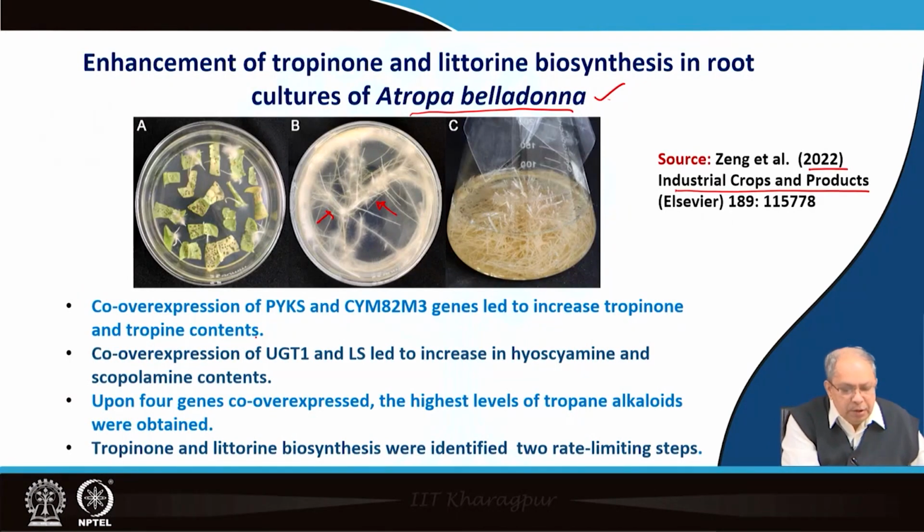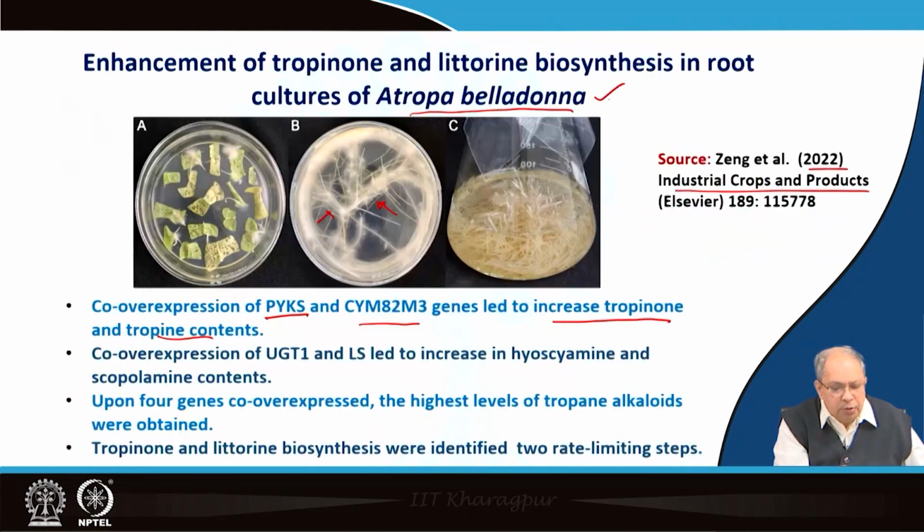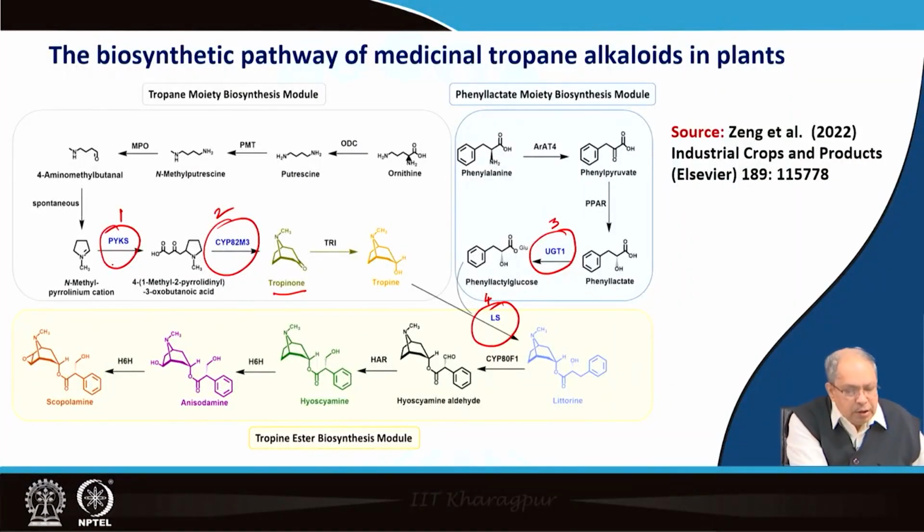Co-overexpression of PYKS, the polyketide synthase, and cytochrome P450 genes led to increased tropinone and tropine content, which is obvious, because when these two are overexpressed there will be more tropinone and of course tropine.